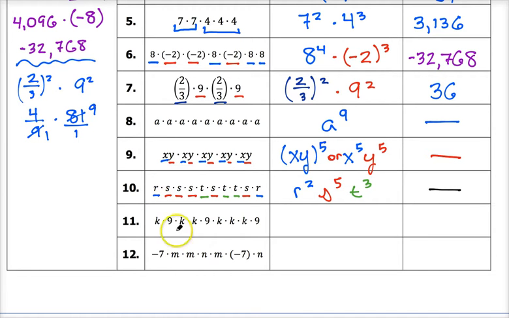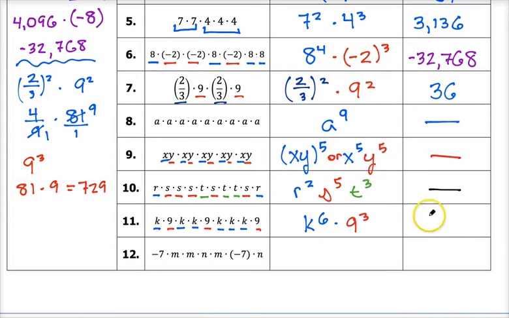For number 11, I have k 1, 2, 3, 4, 5, 6 times, so that's k to the 6th, times we have a 9, 1, 2, 3 times, so times 9 cubed. So because we have a 9 in there, we can go ahead and figure out what 9 to the 3rd power is. 9 to the 3rd power would be 9 times 9, which is 81, times 9 again, and that's going to give us 729.